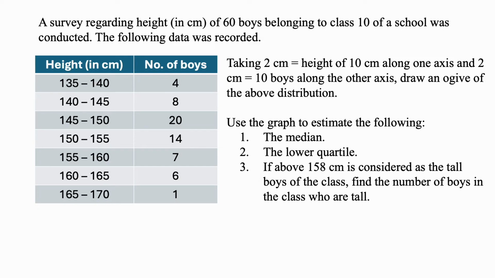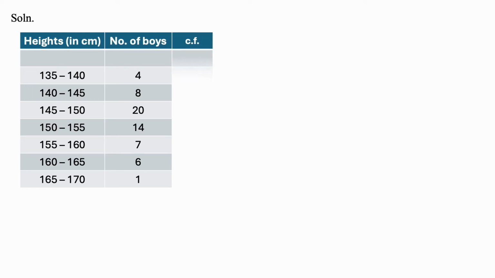And then from that ogive, estimate median, lower quartile, and the third question is, if above 158 centimeter is considered as the tall boys, find the number of boys in the class who are tall. So first of all, we will find cumulative frequency.